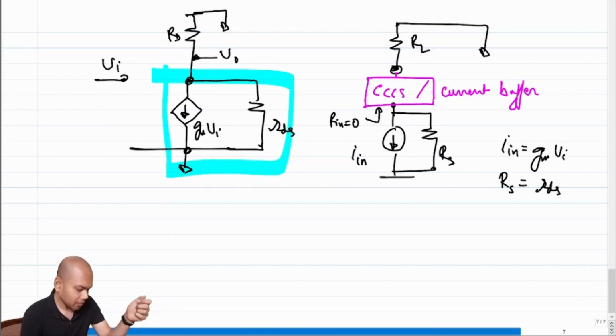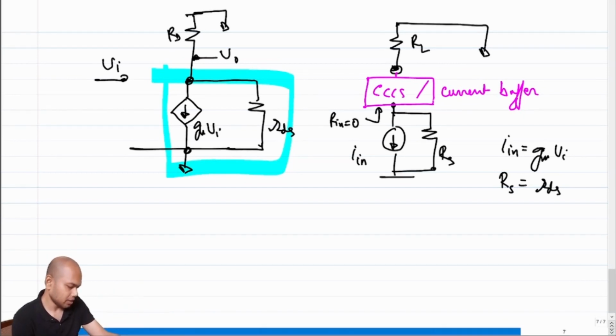An easy way to remember this is which port of the transistor gives you low impedance: the source. Looking into the source gives you the low impedance. So naturally, the source of some transistor should be connected to the input of the CCCS.